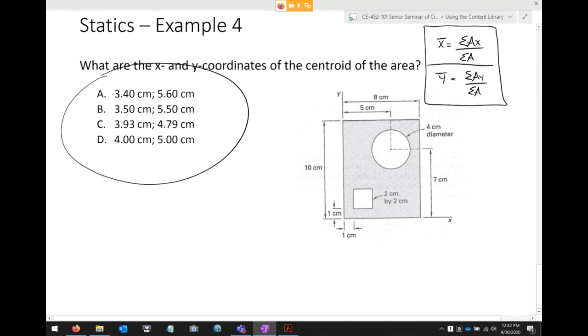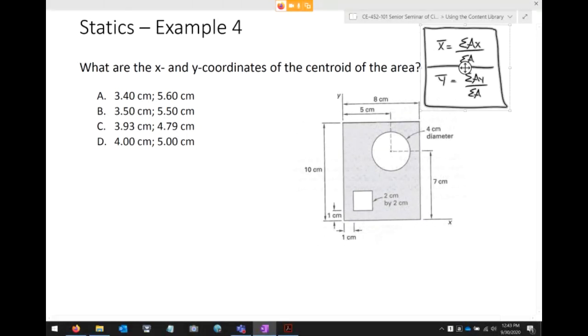I want you to look at these choices and tell me if anybody recognizes a test-taking strategy that we can employ on this problem. Keep in mind, the problem is asking for what are the X and Y coordinates of the area of the centroid. I'll move this down.